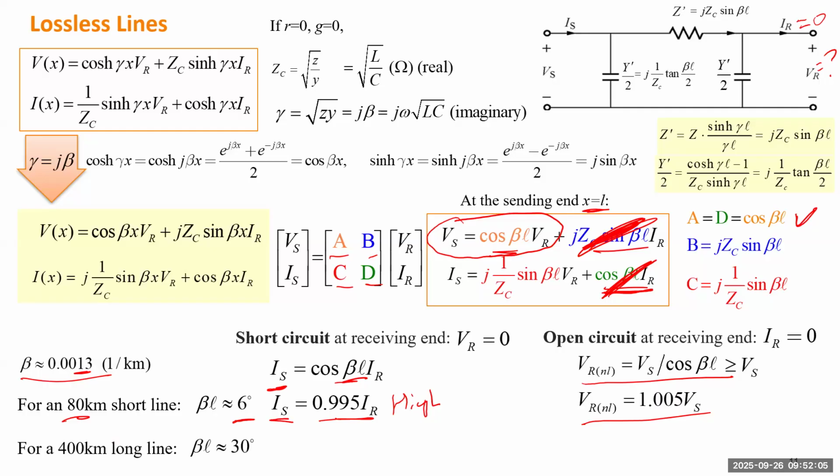So how about the long line? Let's take just 400 kilometers. 400 times 0.0013. I also change that angle to be in degrees. That's 30 degrees. Okay, 30 degrees. For a short circuit fault, the source current will be about 86 to 87% of the load current.